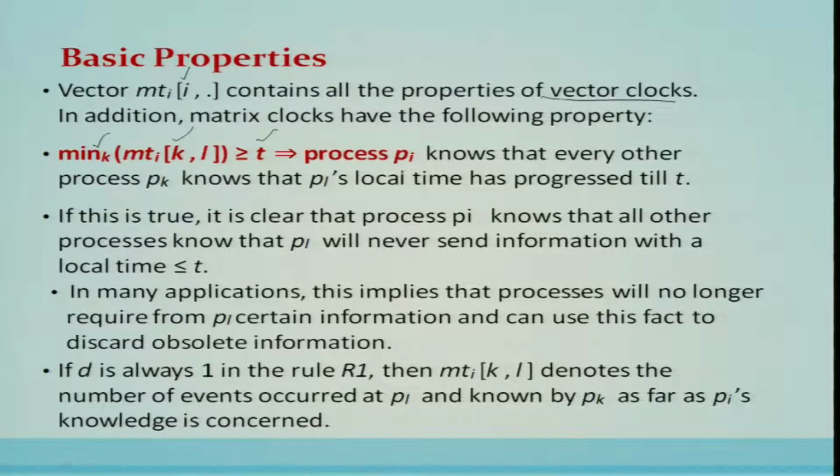Having this information, there are many applications which will require it, which says that the other processes will no longer require the information from pi which is before the time t. Hence they can discard this obsolete information in this particular manner.